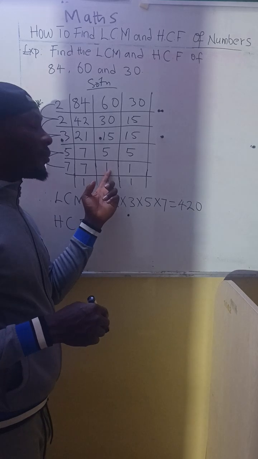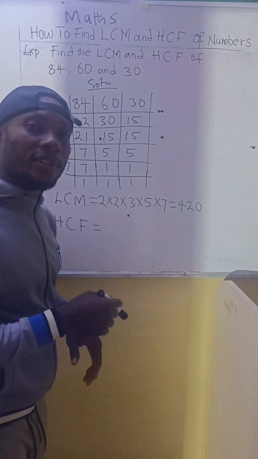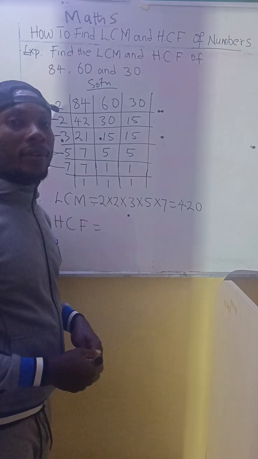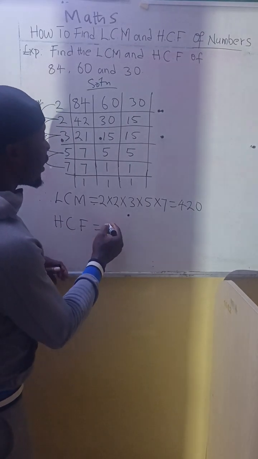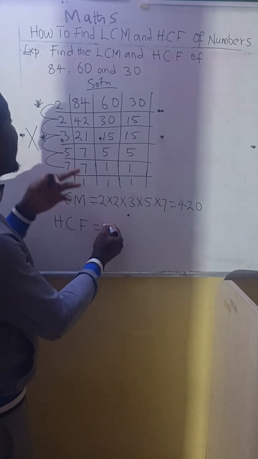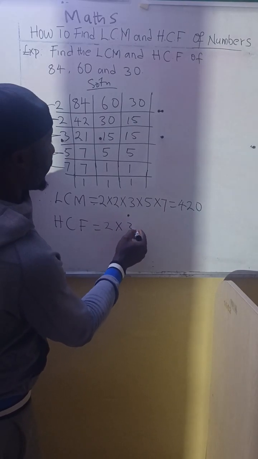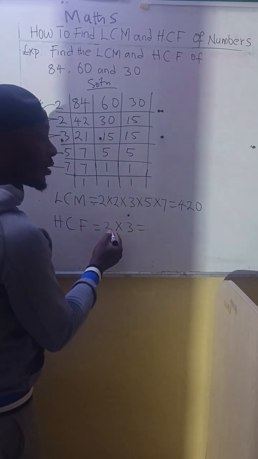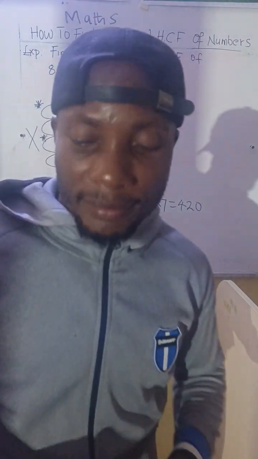It did not divide 1 and 1, so we are not going to pick 7. So the HCF is only the numbers that divide the 3 numbers in a row, and these numbers are 2 times 3. Therefore, the HCF of 84, 60, and 30 is 2 times 3, which is 6. Simple? Thank you.